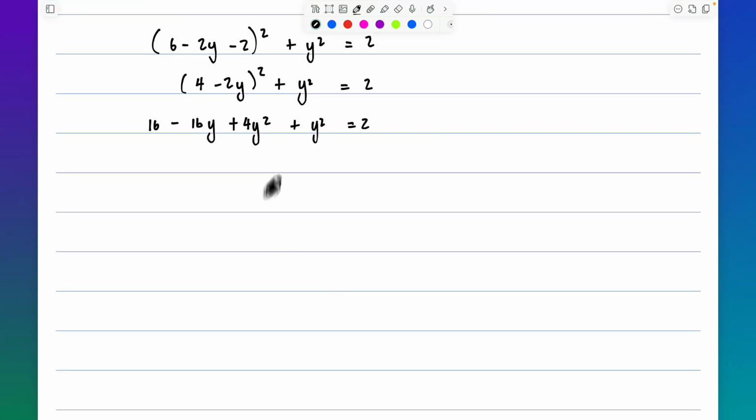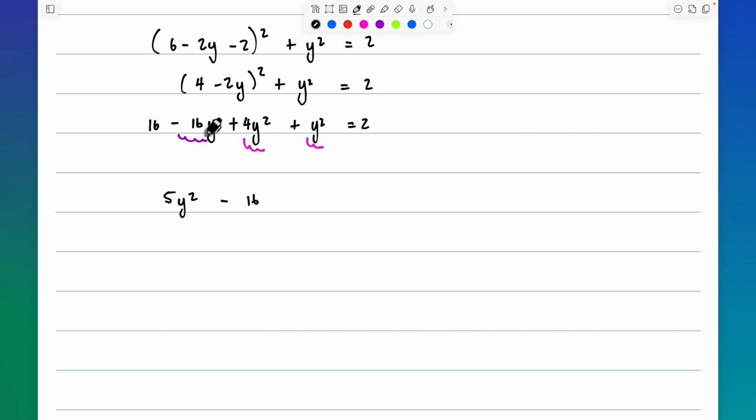Next, we simplify our expressions. We start with the y squared terms: you add those two and they become 5y squared. Our next one is the y term, and we only have one of those, negative 16y.